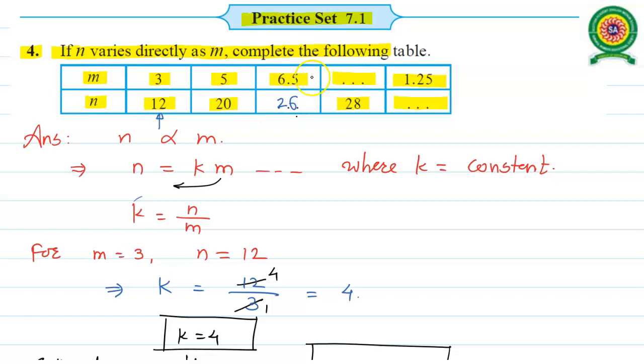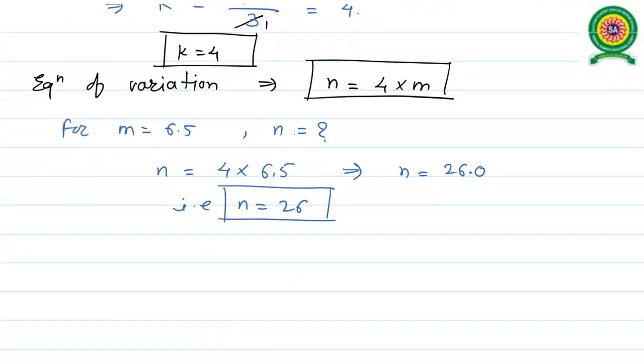Now we have to evaluate the value of m for n equals 28. As per the equation of variation, n is 28, so 28 equals 4 into m.